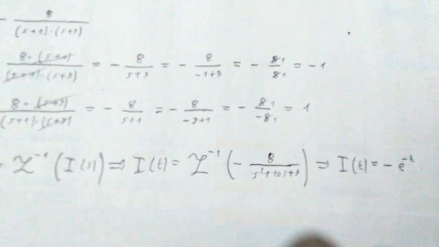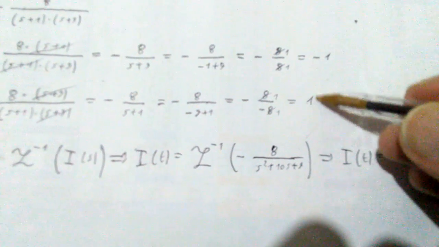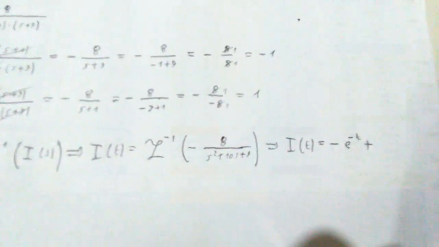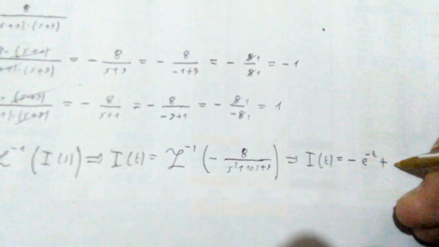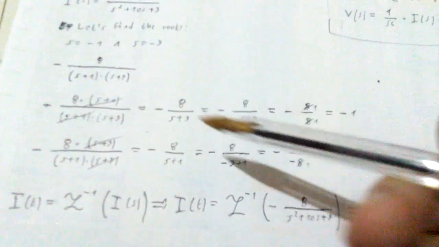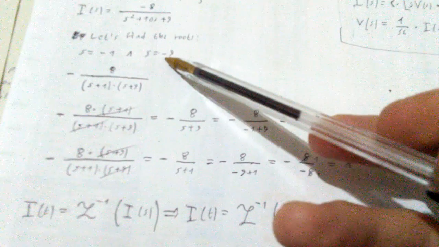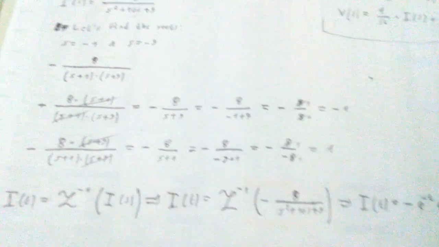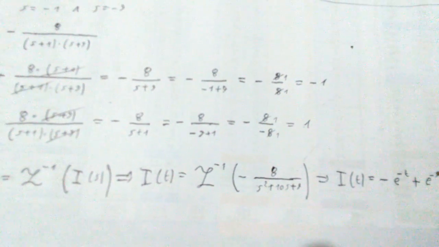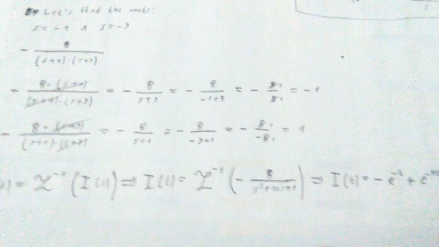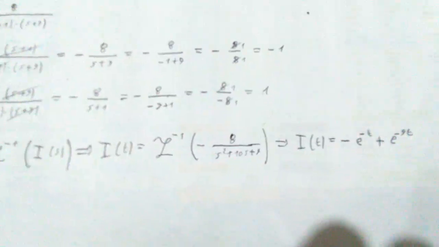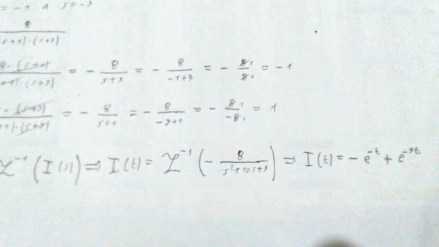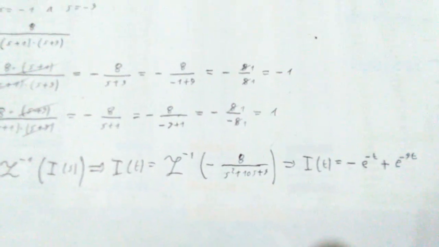Then we're going to have a plus, because the second one that we have just found is positive, so plus e raised to the power of our other root, so negative 9 times t, which gives negative 9t. And this is basically it. This is the anti-transform of Laplace with which we have just found I of t.